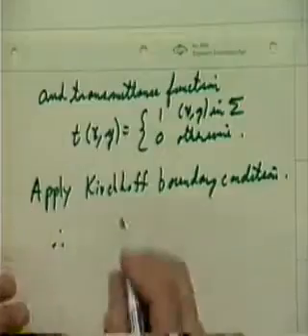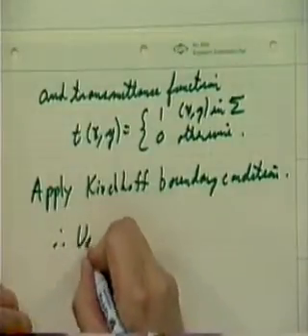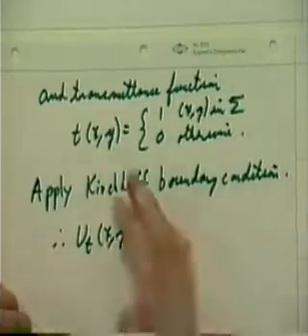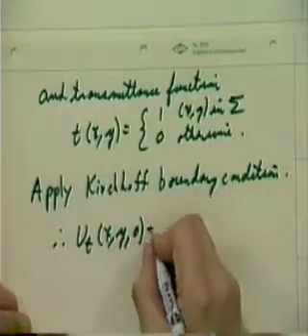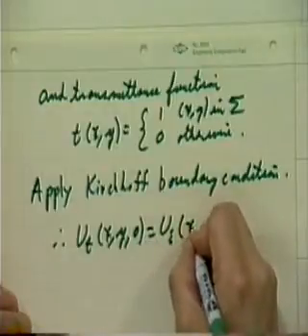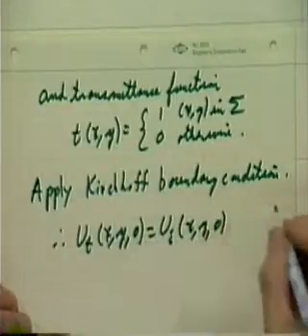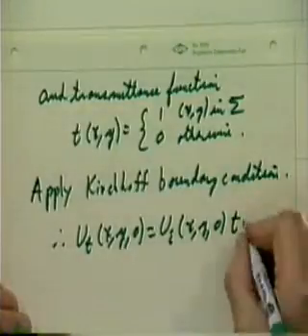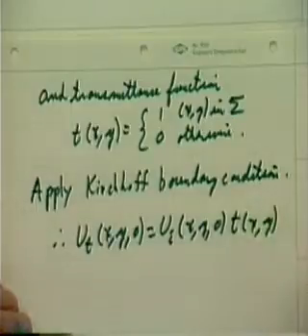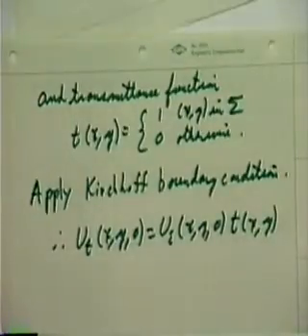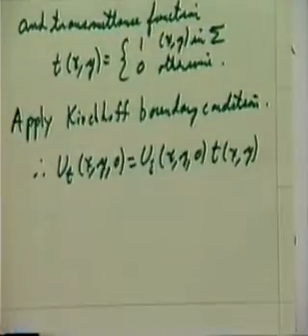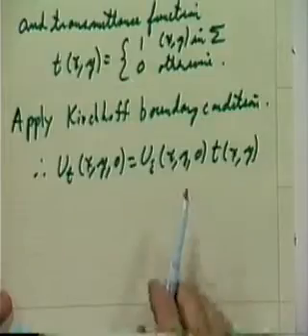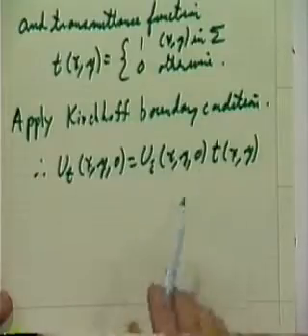And that's simply saying that what's transmitted here, u sub t, still in the plane xy 0, we're just getting through the aperture, is what was incident times whatever the transmission function is for the aperture, t of xy. So if we take this, we have a product here.